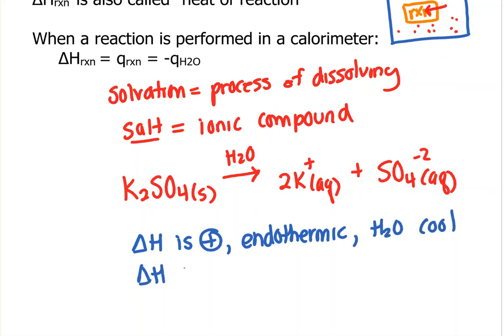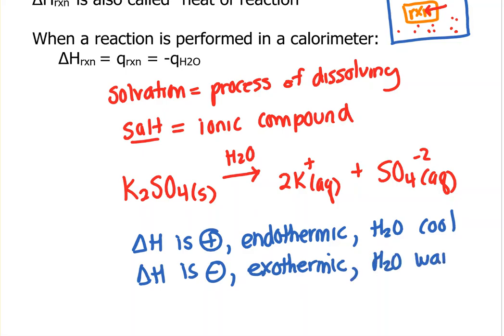This is a good thing to be able to associate, these relationships, because on a test I sometimes just ask these, but it's a good way to check your work as well. Delta H is negative, that's for an exothermic reaction. It means the substances are losing energy and the water surrounding would warm. This again gives you a good way at the end to check your math. If your delta H comes out negative, you can say, oh, did the water warm? Oh yeah, I did. Kind of check your work.